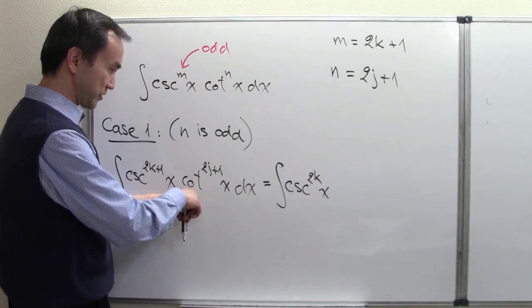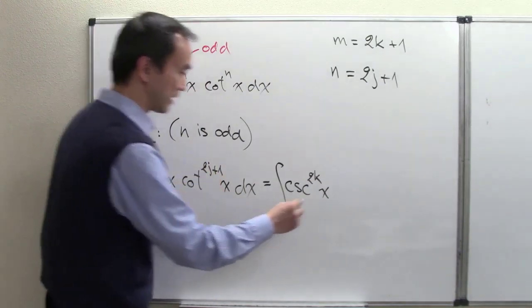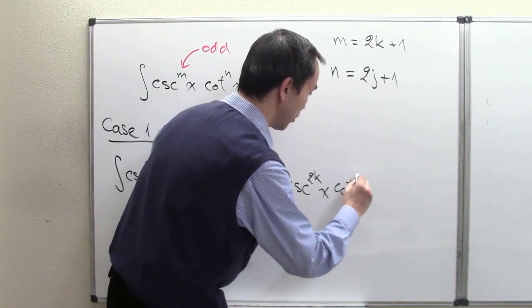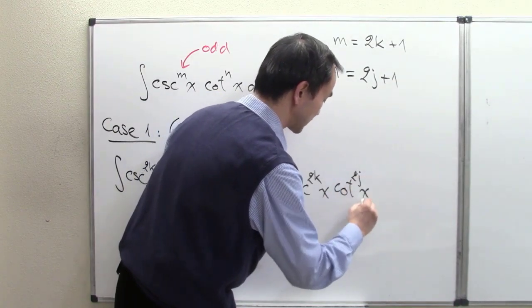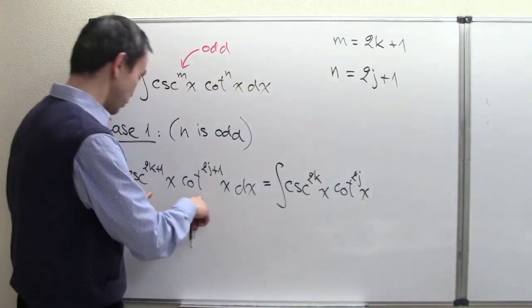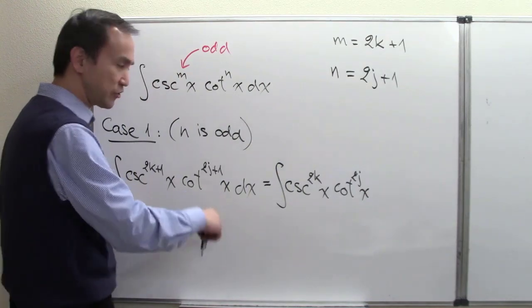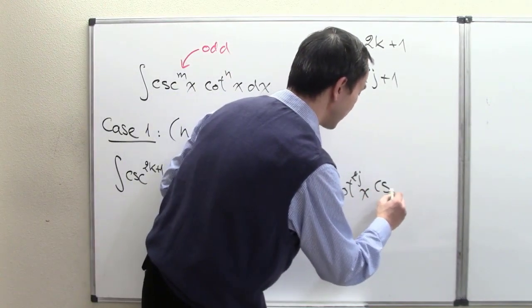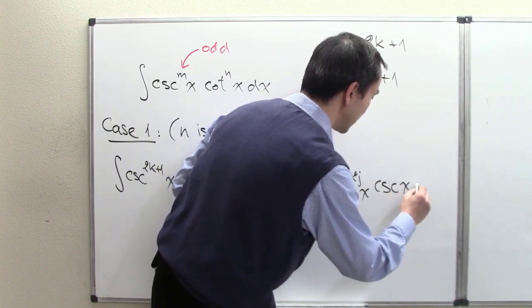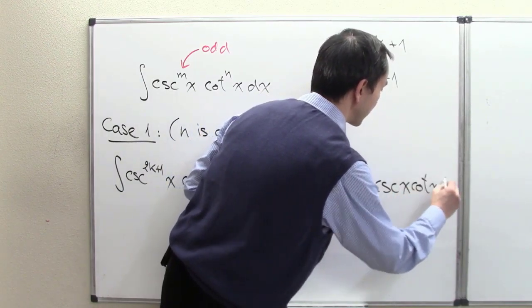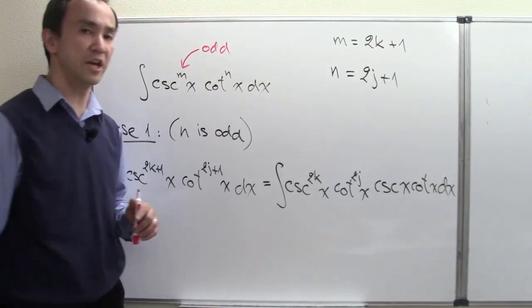The cotangent to the power 2j plus 1, I'm going to rewrite as cotangent only to the 2j power of x. And then the extra cosecant of x and the extra factor cotangent of x, I'm going to separate out. So I have another extra cosecant of x times the cotangent of x, and that's how I complete the integral.